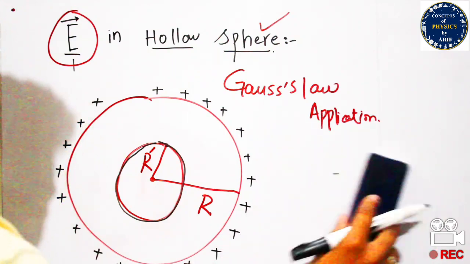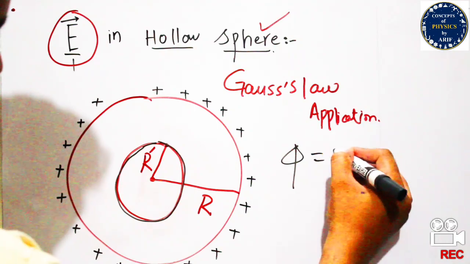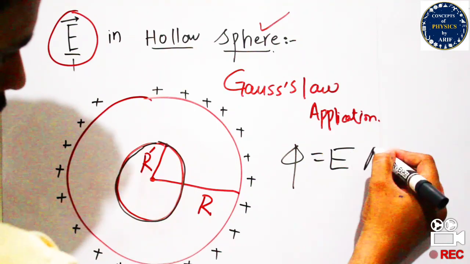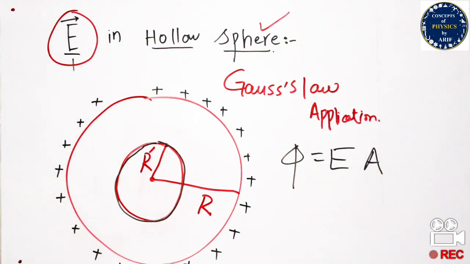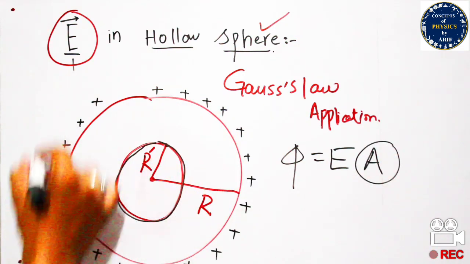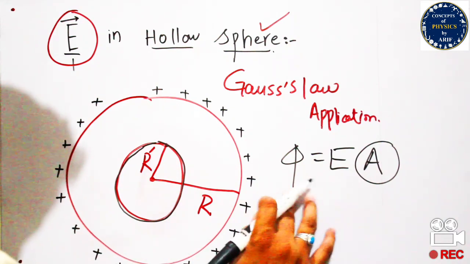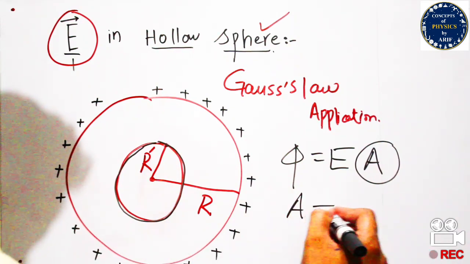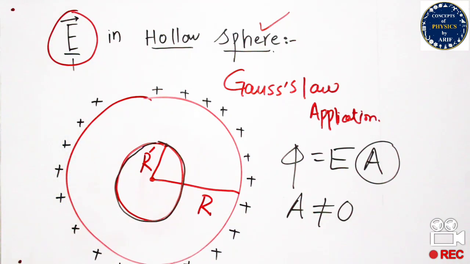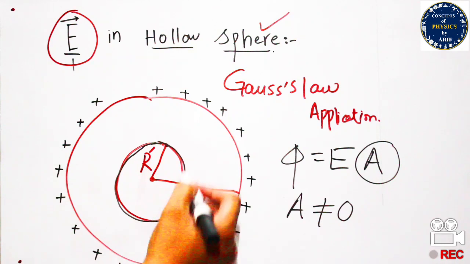The formula of flux is equal to E multiplied by A, or E dot A. In this case we have seen that the flux is 0, but in this product there are two parameters, electric field intensity and area, either of which could be 0. As we know, area cannot be 0, because we have a physical explanation of the area of the sphere.